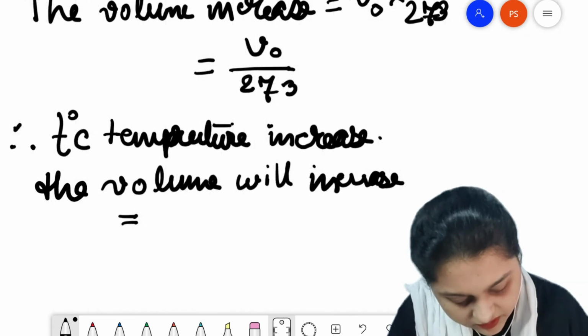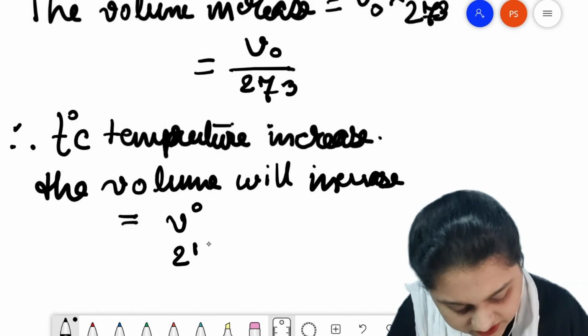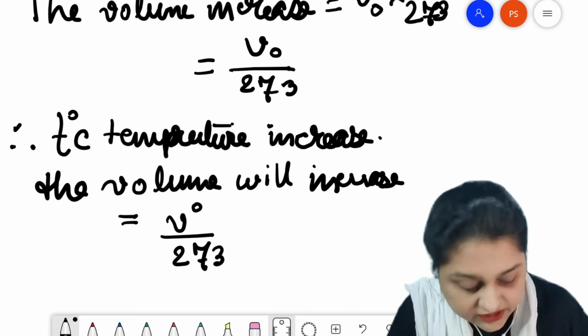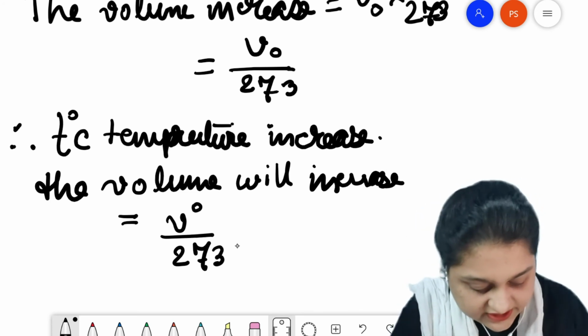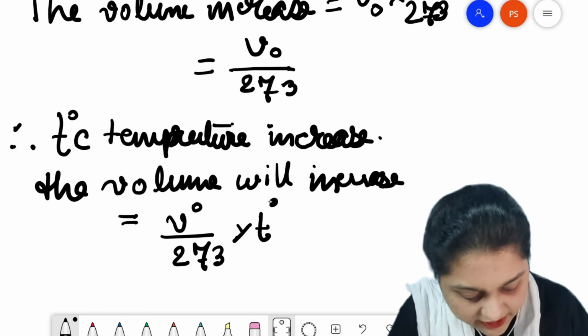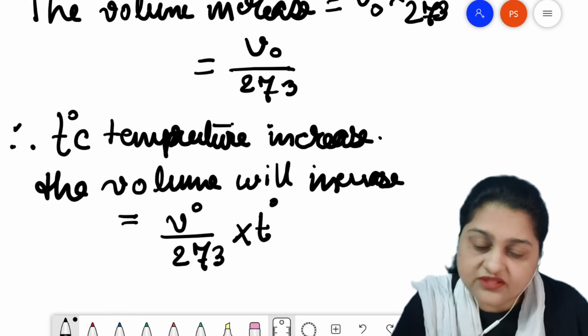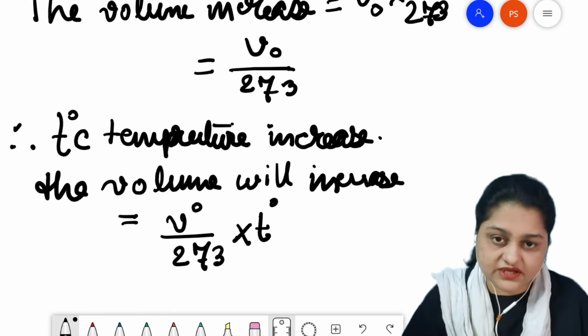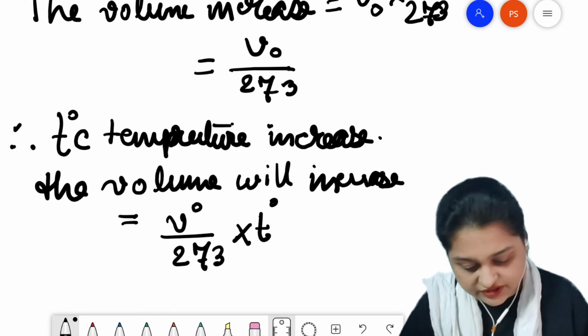V naught by 273 is the volume increase for 1 degree Celsius. For T degree Celsius, it will be V naught by 273 multiplied by T. This is the volume increase for T degree Celsius temperature increase.